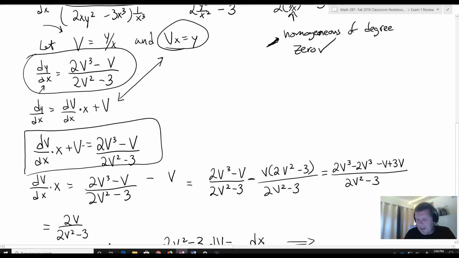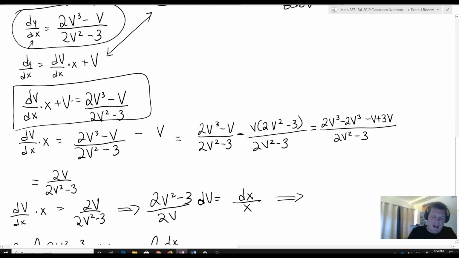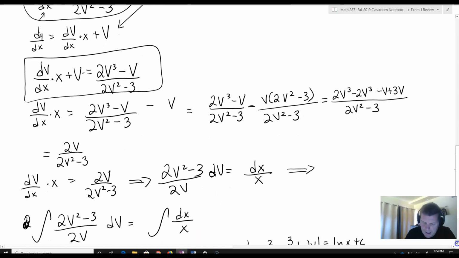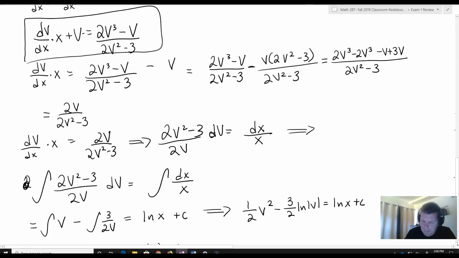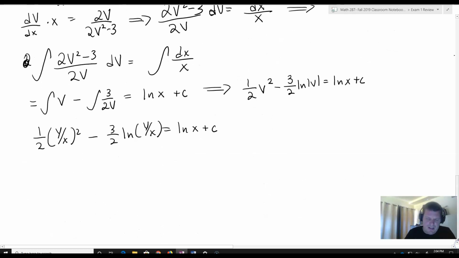So I separated the variables, and then I integrated. Once I was done with the integration, I wrote it in terms of y over x.